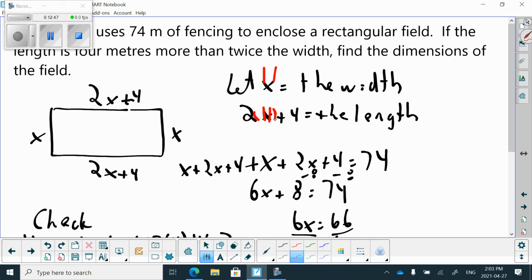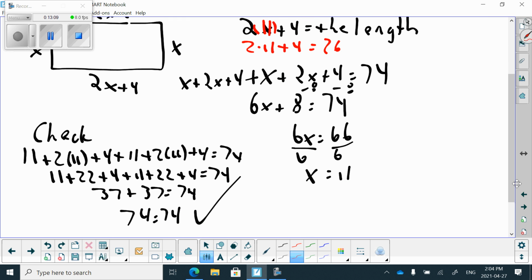So if I have x being 11, I'd have 2 times 11 plus 4, which would equal what? I don't think you got the right number. So what's 2 times 11? 22. Plus 4? Absolutely.